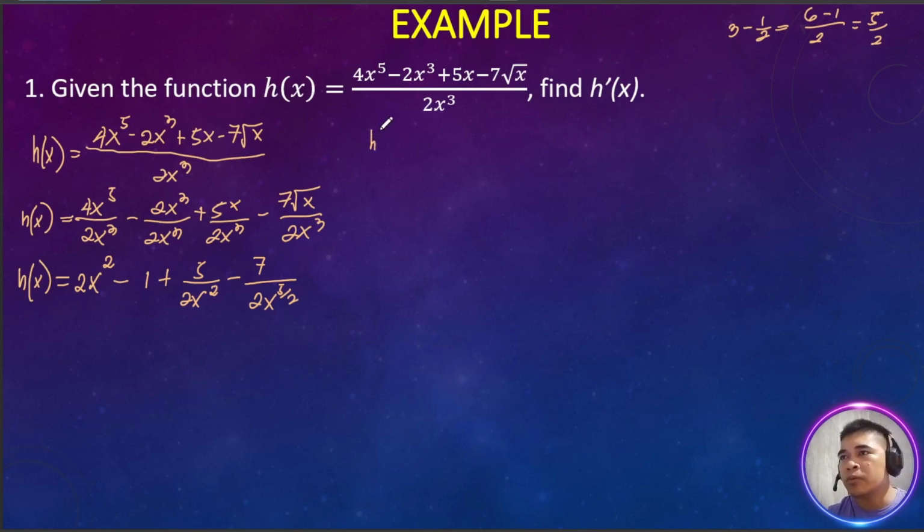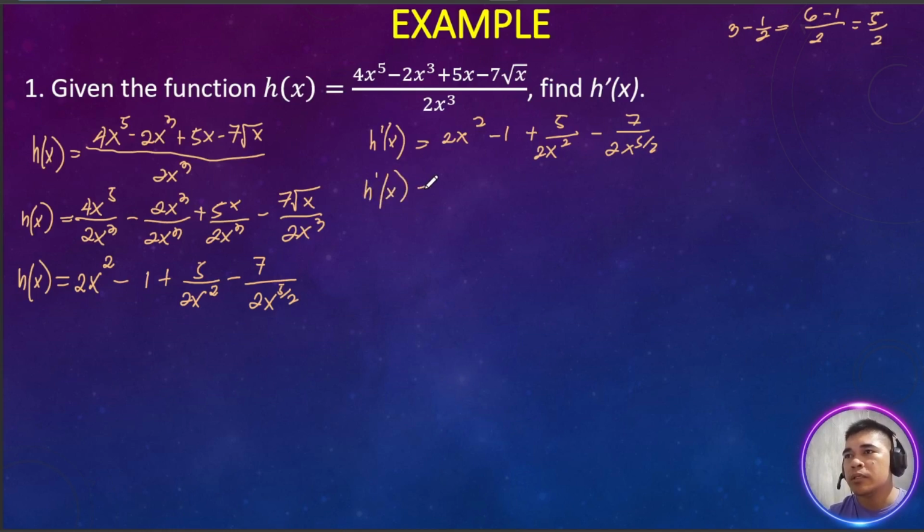So the derivative of h of x, kanina to gamitan. So 2x squared minus 1, plus 5 over 2 x to the power of negative 2, minus 7 over 2 x to the power of negative 5 over 2. So derivative of 2x squared, 2. What is the derivative of x squared? We have 2x. Now 2 minus 1, 1.